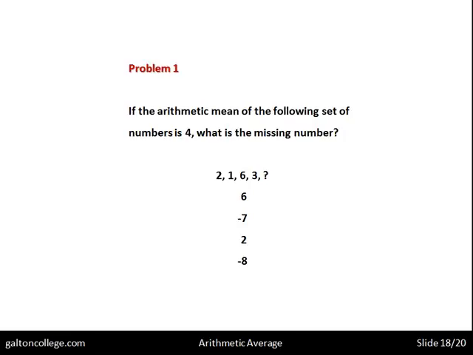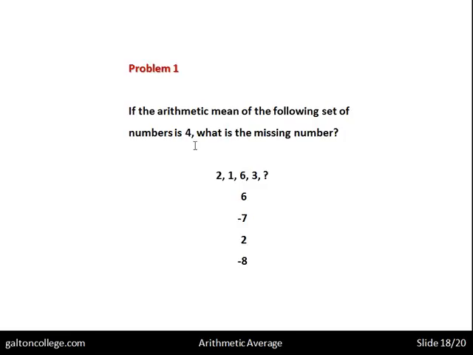Well, if we write down what we know about averages, we know that when we add up the set of numbers and divide by the number of numbers, we get the average. So if we know that the average is 4 and we're going to have 5 numbers, let's just count: 1, 2, 3, 4, 5. We're going to have 5 numbers here.